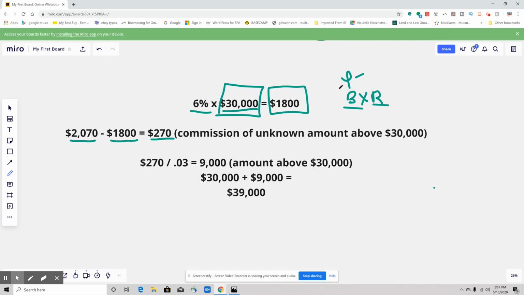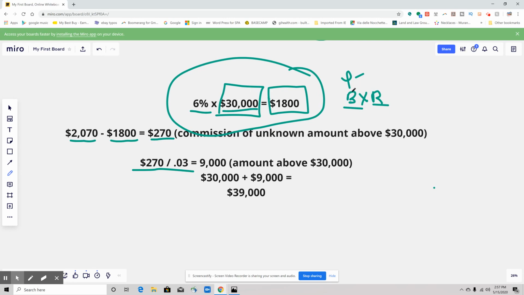So here's the thing: in a part over the base times the rate problem, here's what we don't know. We know every bit of this portion of it. We know what 30,000 accounts for, but we don't know the base that we're calculating off of the 270. We do know the rate though. So watch this.